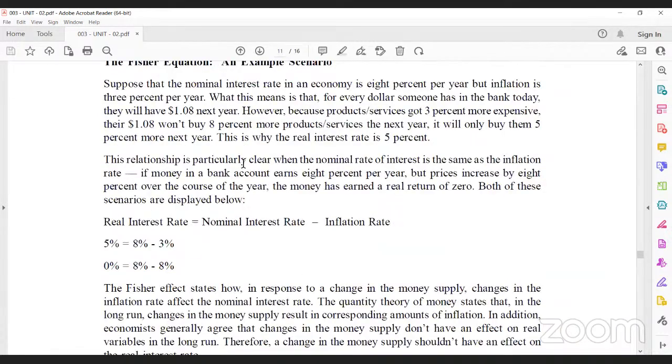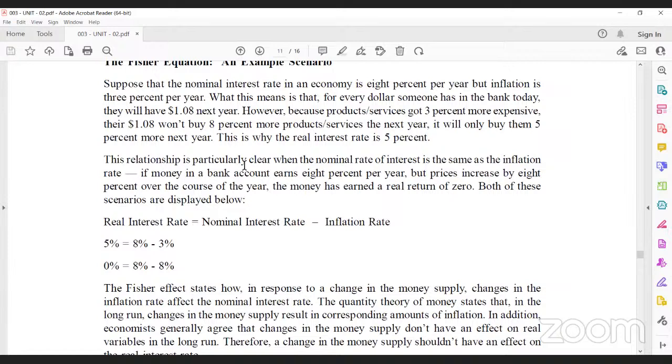Now, see in this given example, suppose the nominal interest rate in the economy is 8%. Inflation is 3%. What this means is, for every dollar someone has in the bank today, they will have $1.08 next year. However, because services or products got 3% more expensive, their $1.08 won't buy 8% more products next year.